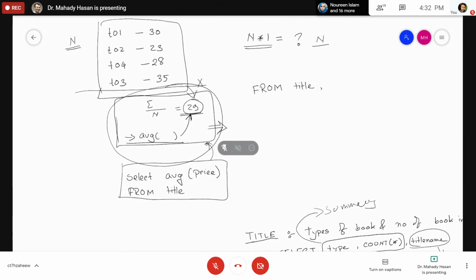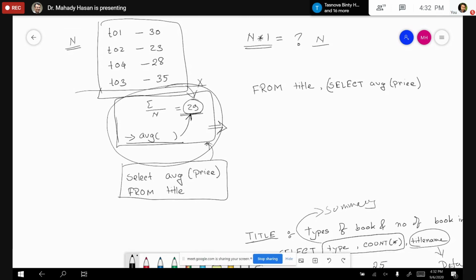So here now I'm saying select AVG price from title as AVG price as AVG P. So I'm having two tables.